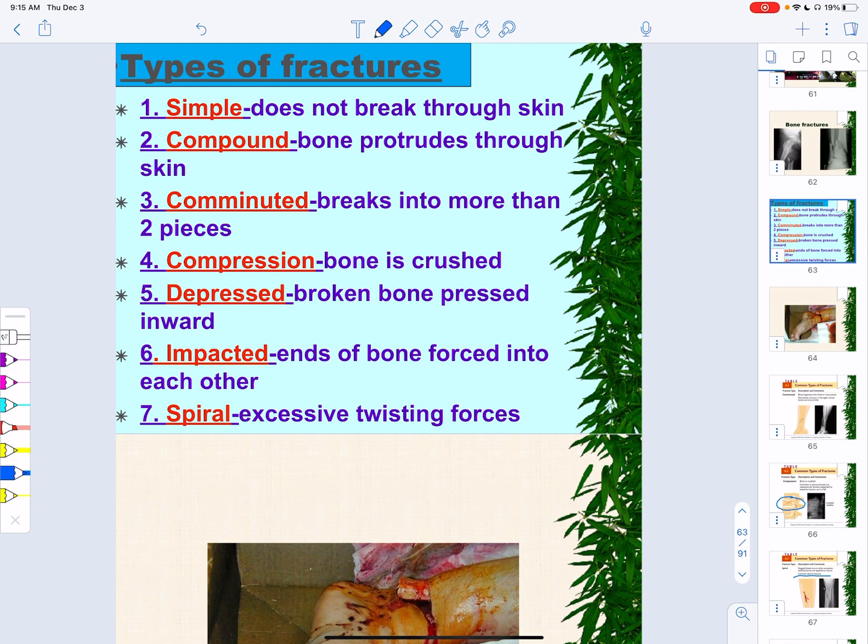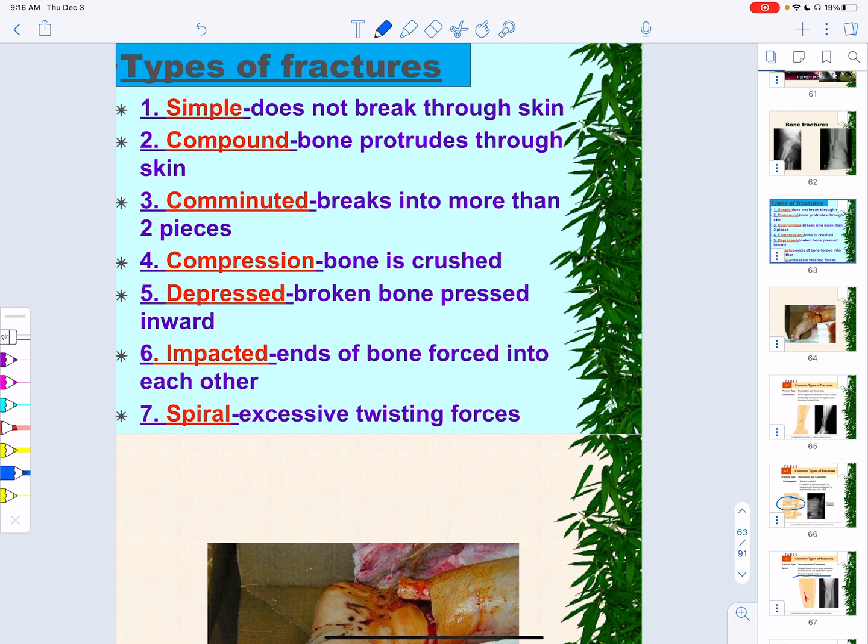So go back to the slide presentation and look at these again, so that way you can get this last slide. The greenstick fracture is when the break is incomplete. So we have a break on one side of the bone, but not all the way through.